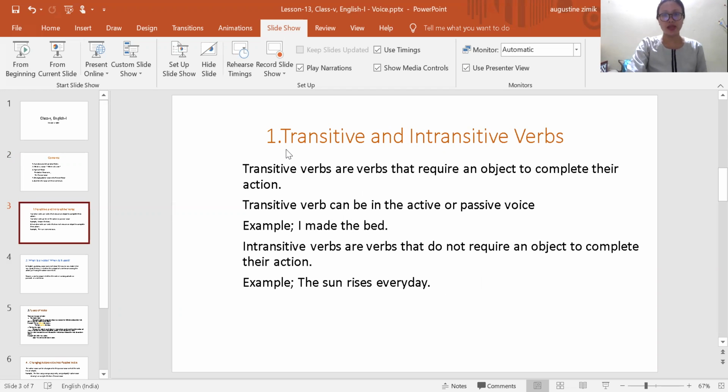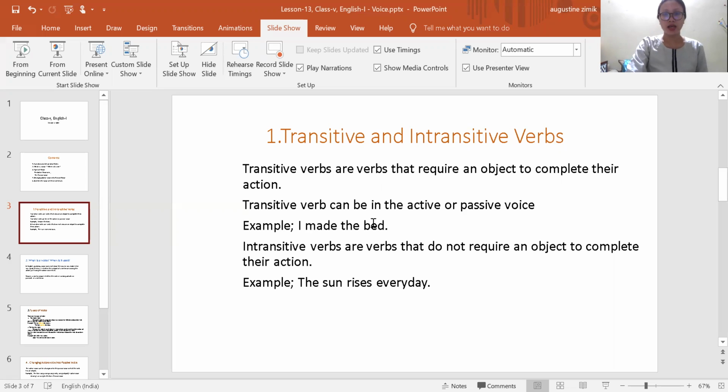What are transitive and intransitive verbs? Let's see. Transitive verbs are verbs that require an object to complete their action. Transitive verb can be in the active or passive voice. Example, I made the bed. So here it says transitive verbs are verbs that require an object, okay, to complete their actions.